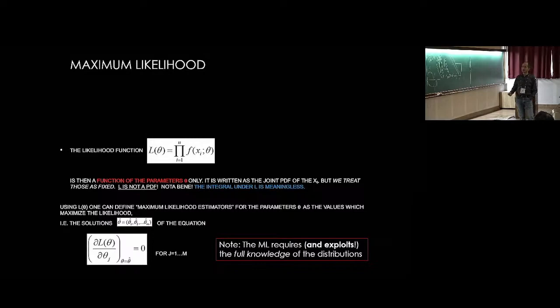You take the derivative of the likelihood function with respect to each of the parameters, set them to 0, and you get estimates of the parameters. You can see from this construction that the likelihood function requires you to have access to the PDFs of the data. This is in contrast to the chi-squared method, which we will see, which assumes that everything is Gaussian. The likelihood knows and exploits your knowledge or your assumption of what the PDFs are that the data you have are coming from. Okay?